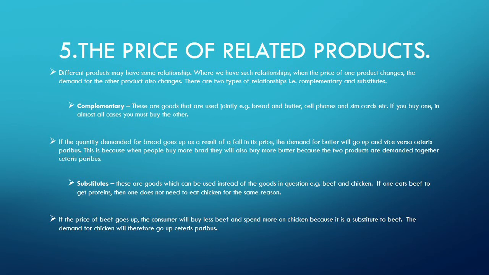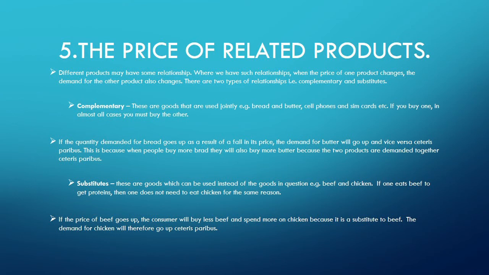For example, if the price of Coke goes up, more people will go for the substitute product, which is Pepsi, and therefore the demand for Pepsi will go up. And vice versa, ceteris paribus.